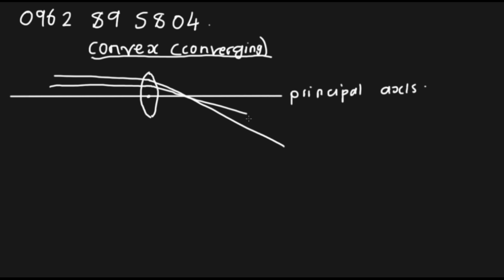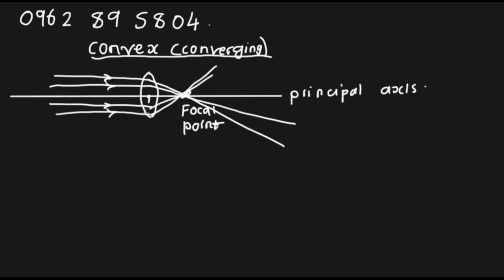According to physics, what is to converge? To converge simply means to bend and meet at one point. The point where these rays of light are meeting is known as the focal point. So this is our focal point.